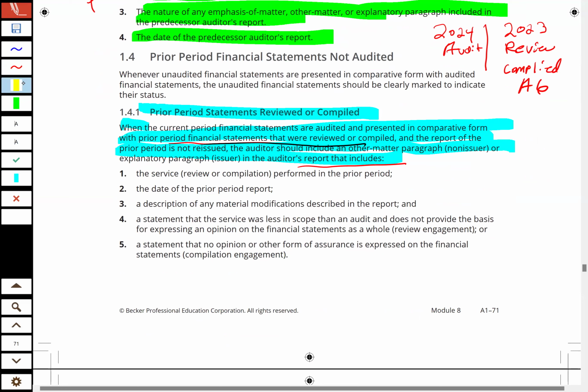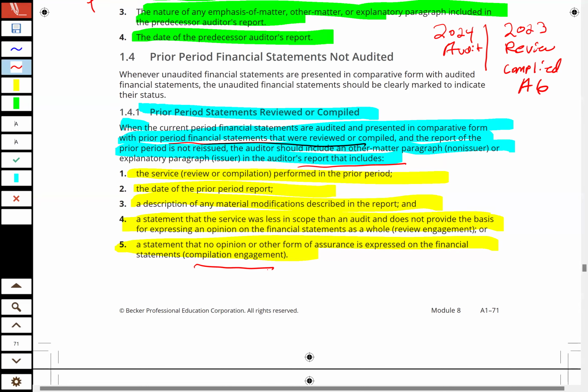Okay. The level of service that was performed in the prior period, the date of that prior period. If there were modifications, and we're going to talk about how we may modify a compilation report, how we may modify a review report if we identify certain things. You had to do that. What were they? A statement that the compilation or review is much less in scope than an audit, and a statement that no opinion or form of assurance is expressed on the financial statements if it was a compilation.